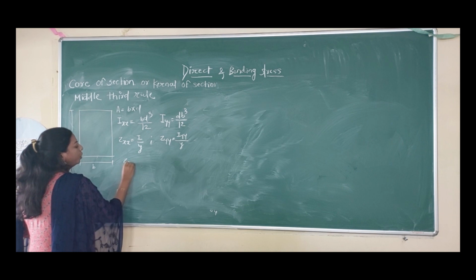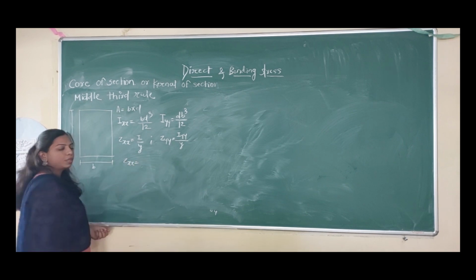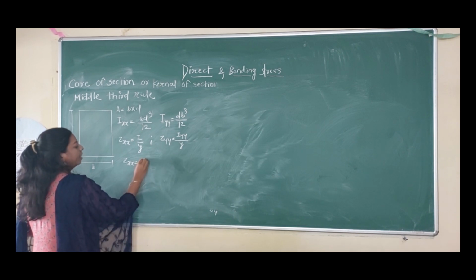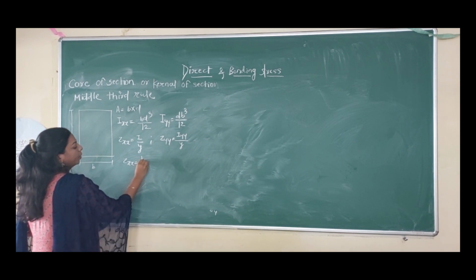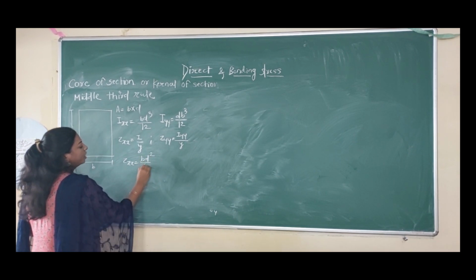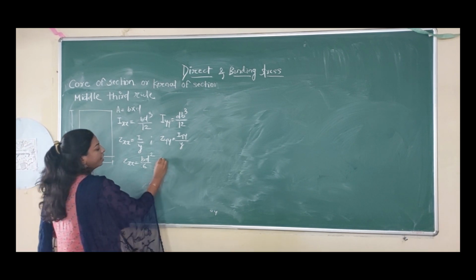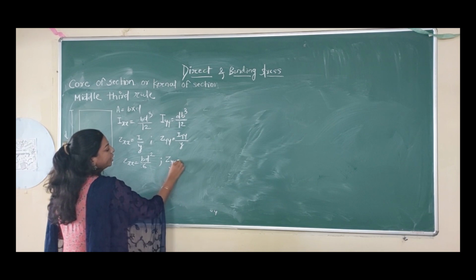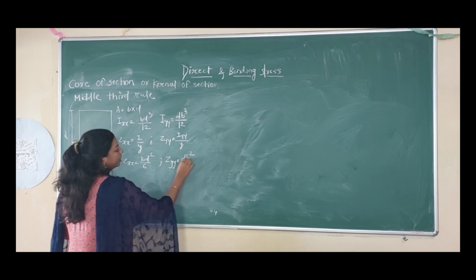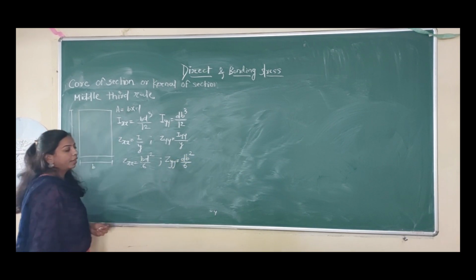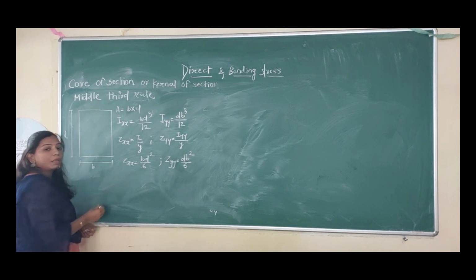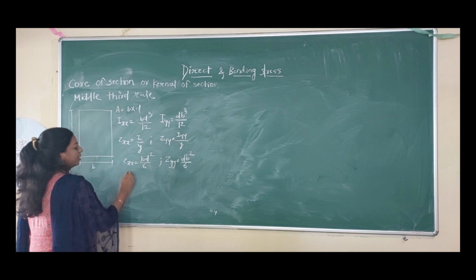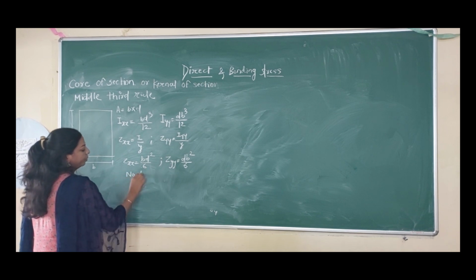We know that section modulus for the rectangular section is b d square upon 6, and section modulus about y-axis is d b square upon 6. For the limit of eccentricity, when there is no tension at all, it is no tension condition.